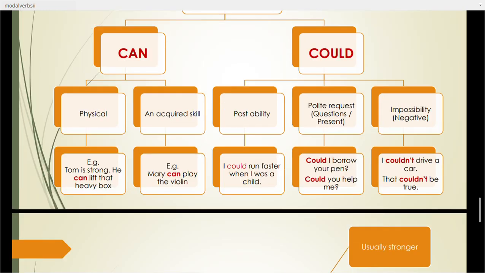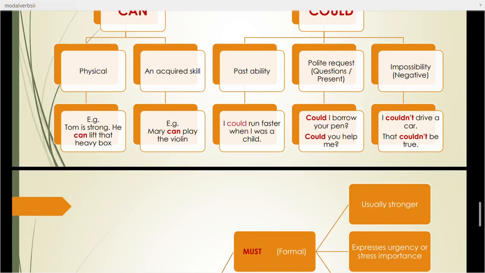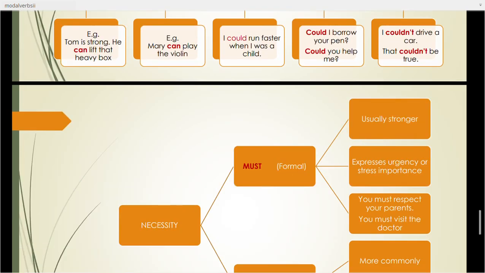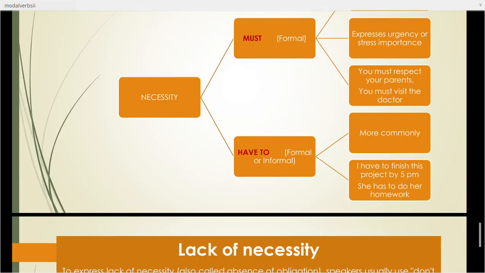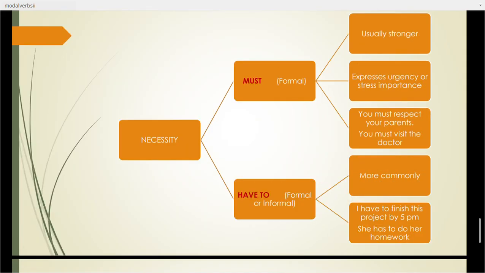In the polite request, one example is, could I borrow your pen? Or another example, could you help me? And for the third characteristic, one example is, I couldn't drive a car, and that couldn't be true.